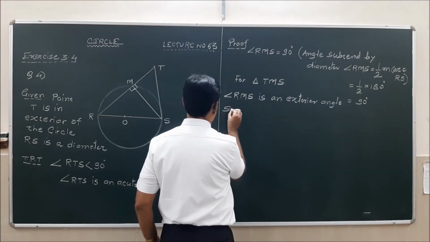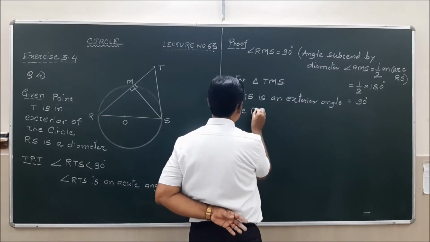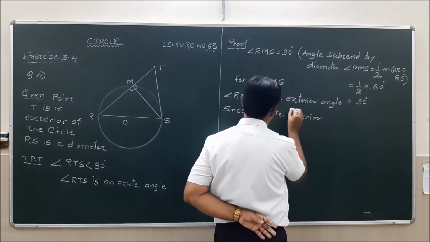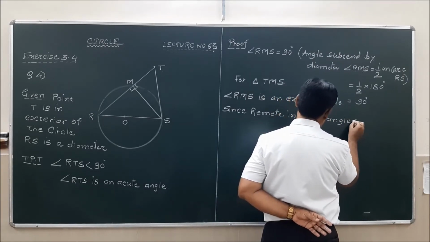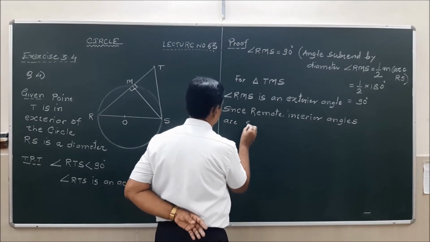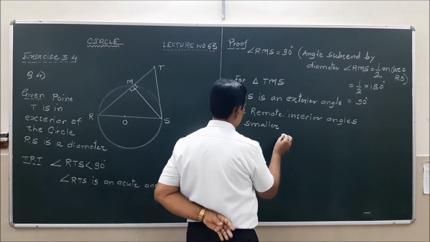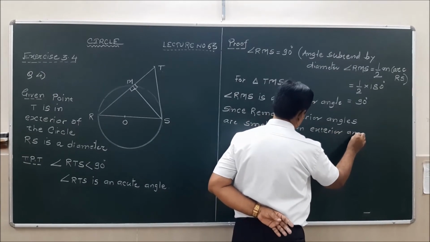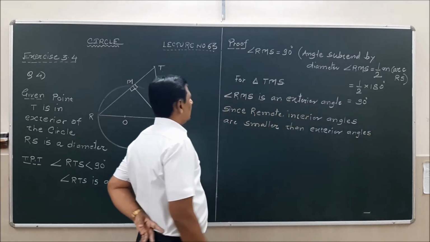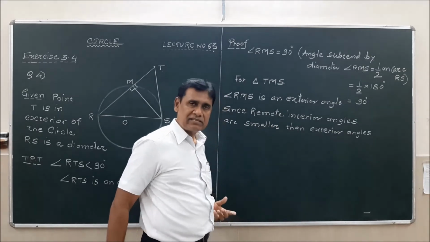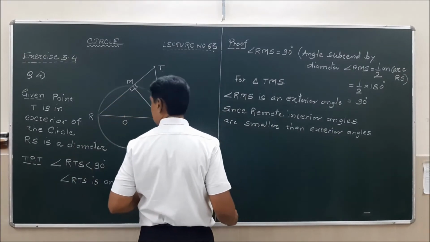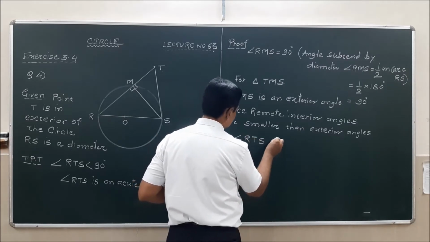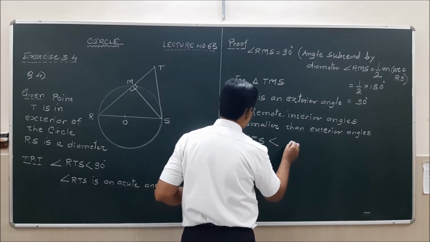Since remote interior angles are smaller than exterior angles, therefore angle RPS is smaller than angle RMS.